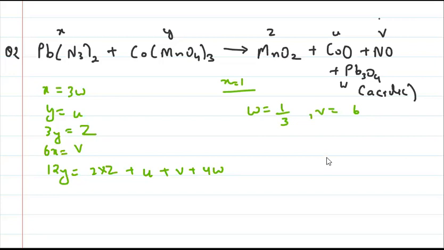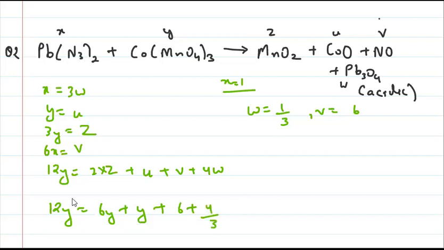Now see this: 12Y is equal to Z is equal to 3Y. Z is equal to 3Y. So it will be 6Y plus U is equal to Y. So it is Y plus V, which is already 6, plus W which is 1 by 3. So it is 4 by 3.